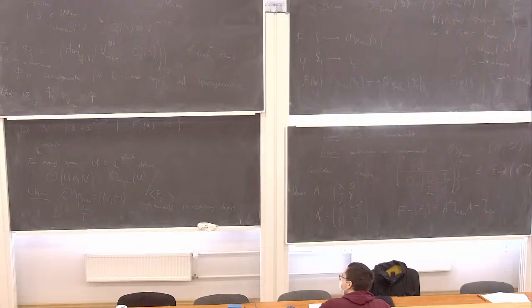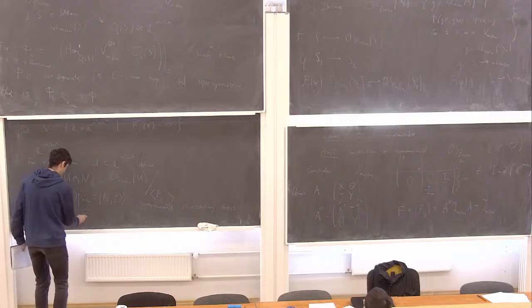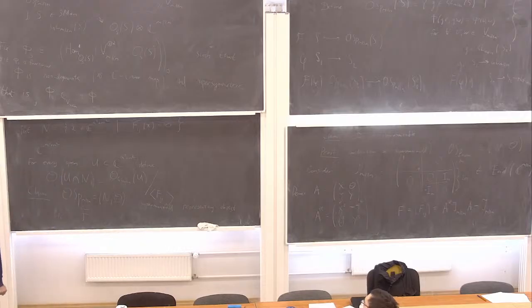And then this will be like a stabilizer of a point, which represents this functor. But okay, so this is the answer. But something should be checked here.